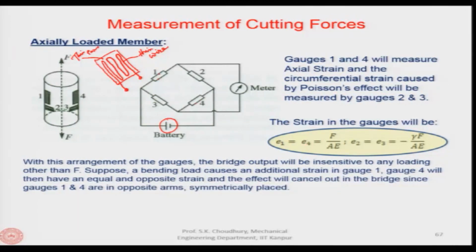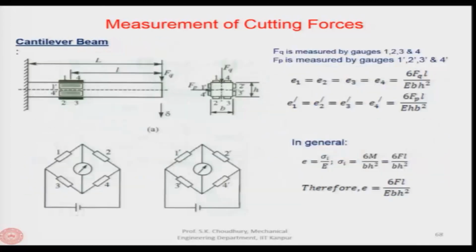Okay. Now, let us see a more complicated version of the strain gauges and the measurement. For example, a cantilever beam. If it is a cantilever beam, then normally the load is sensed through the moment, because if the point of application of the load is known, that distance, then the load into this distance will be the moment.